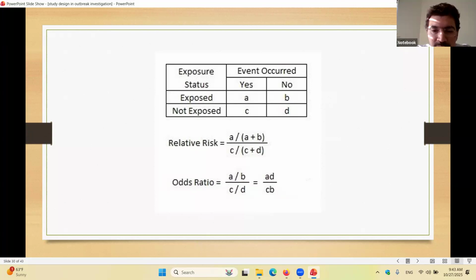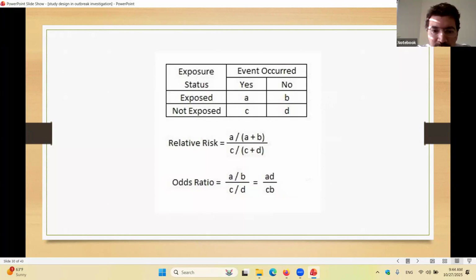As you see the formula, it is A per A plus B divided by C per C plus D.